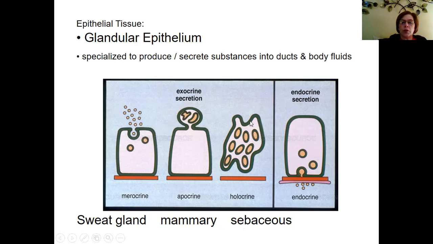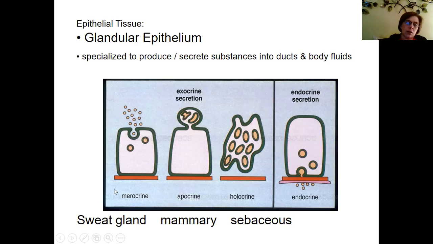A holocrine gland creates its substance, and to release it, the entire gland ruptures. I always think of holocrine as whole. The whole cell is going to rupture and release its contents, and then the cell's gone. It can't produce anymore, so it's one and done.